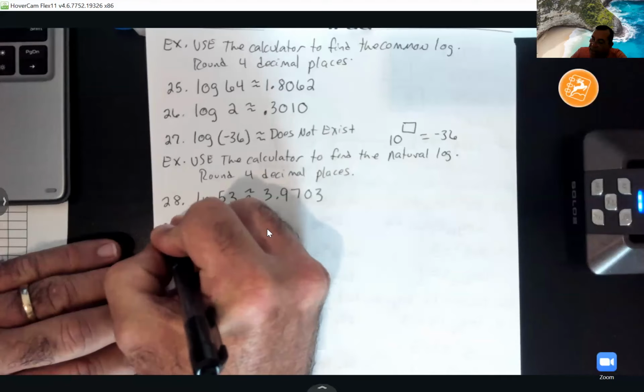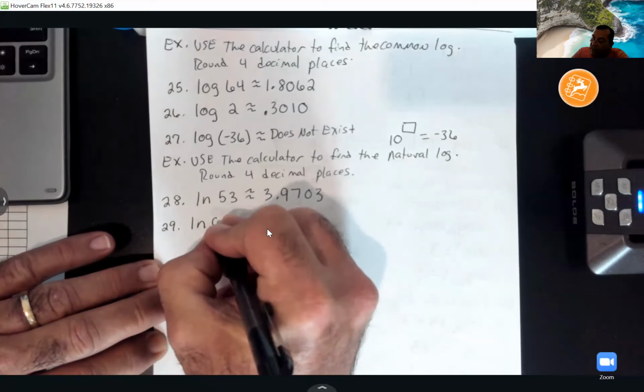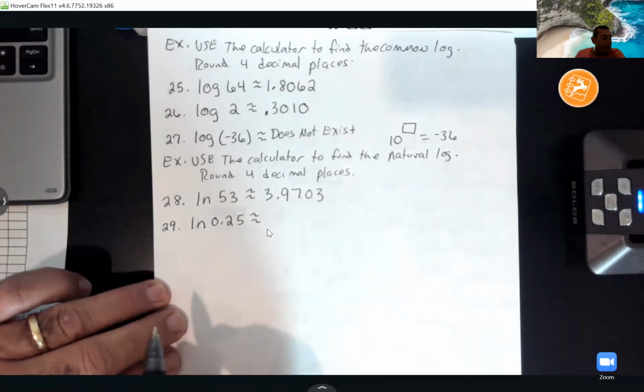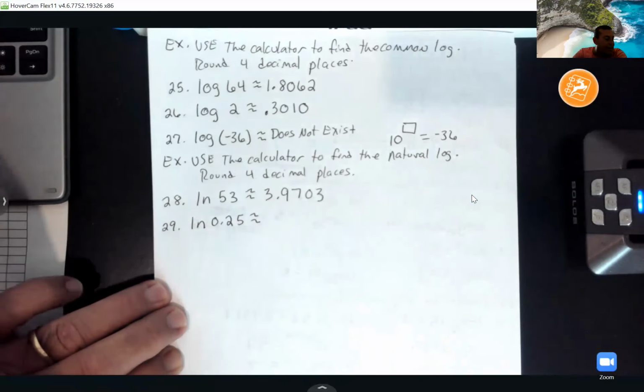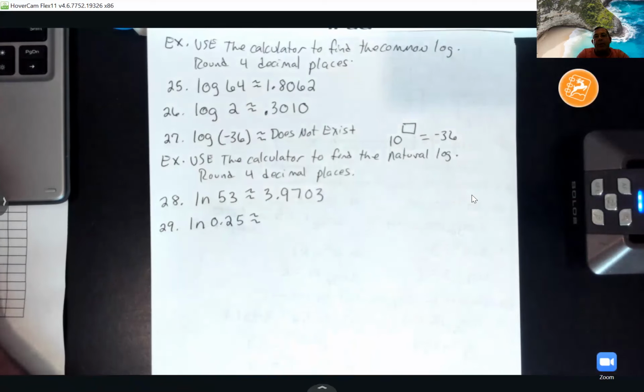Okay, 29, ln of 0.25. So if I went to my calculator and punched that in, I'm going to show y'all what this one does, because that 0.25 is less than 1.